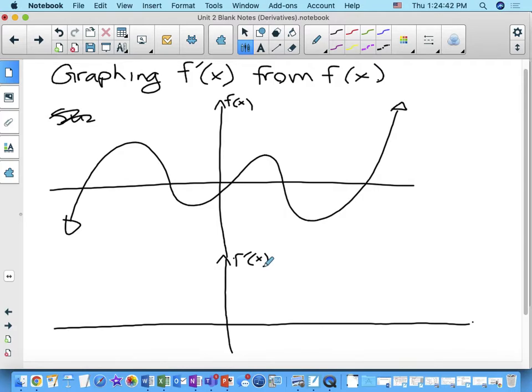And notice I don't have any scales on here. So this is a very rough approximation. Okay?